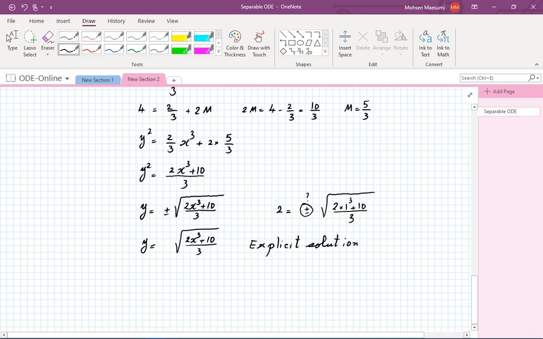When you are doing the homework for this section, you have to be clear as to what is explicit and implicit solution, and just go as far as needed for finding the answer to the problem, and then you'll be done.